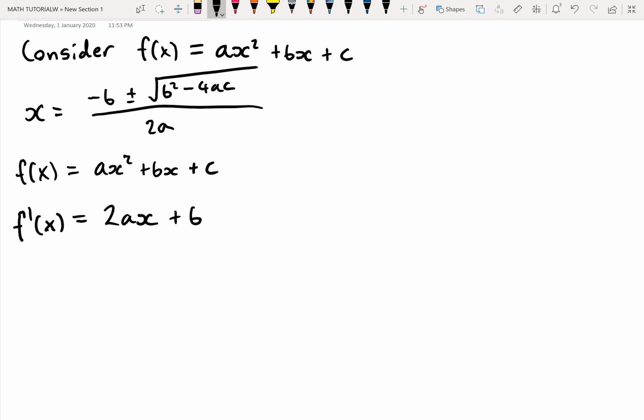As I said, we're setting the derivative equal to 0, so let me make a note here. When f prime of x is equal to 0, we have a critical point.